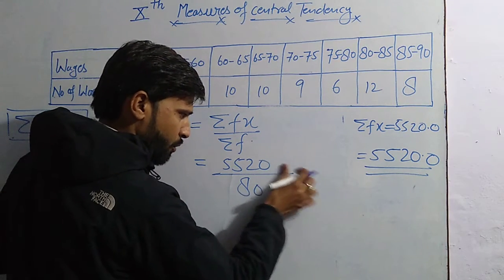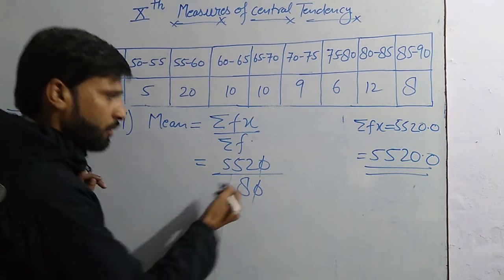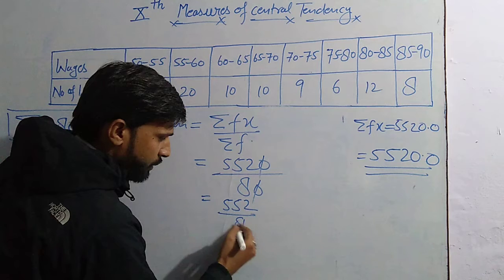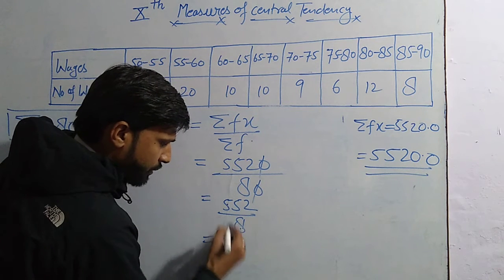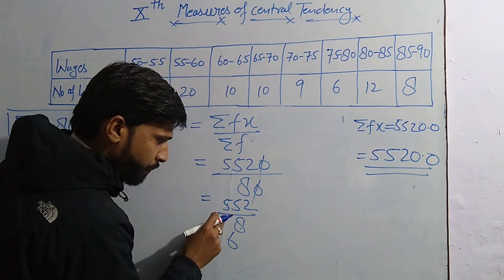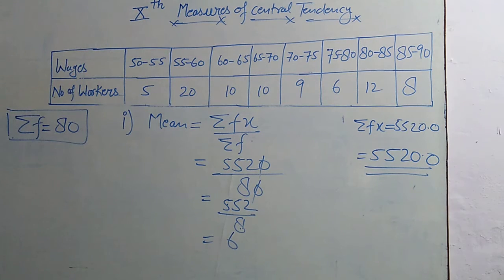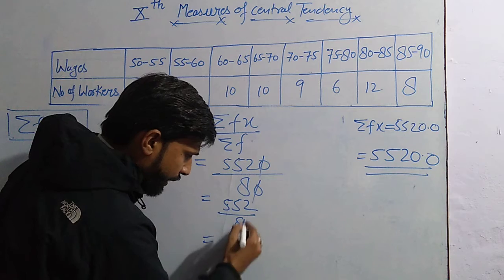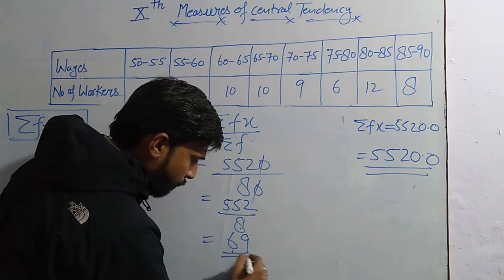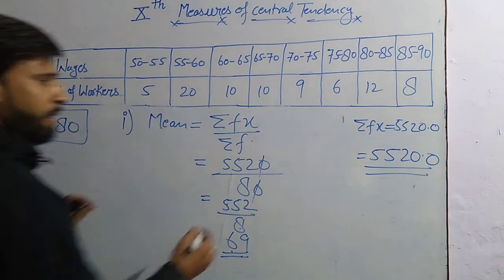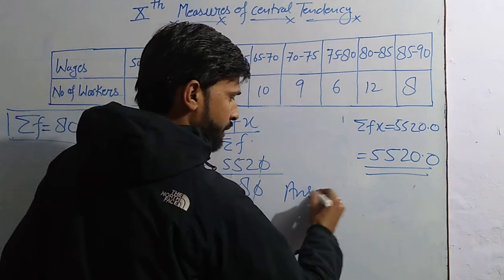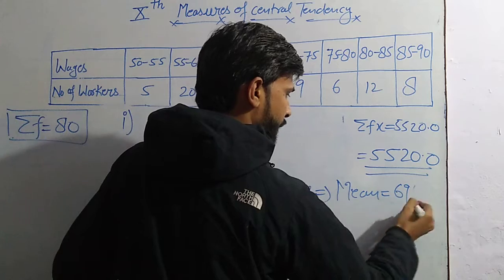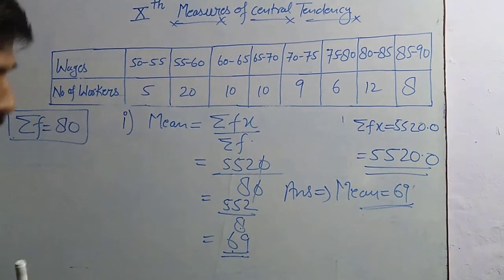After the decimal, 0 is nothing and is cancelled out. Then we get 552 upon 8. After dividing, 8 6s are 48, carry 7, 8 9s are 72. Now the mean is 69. The first answer is 69.